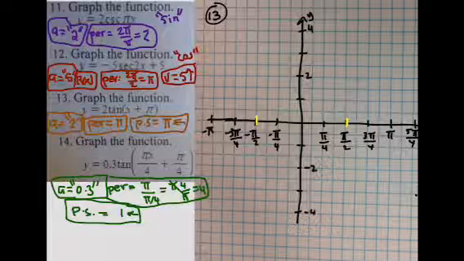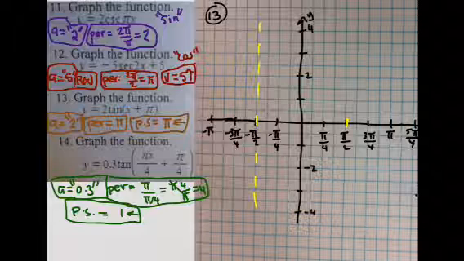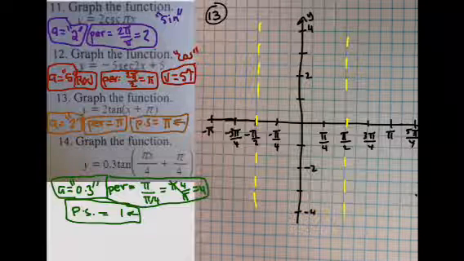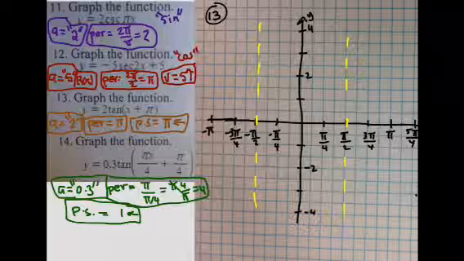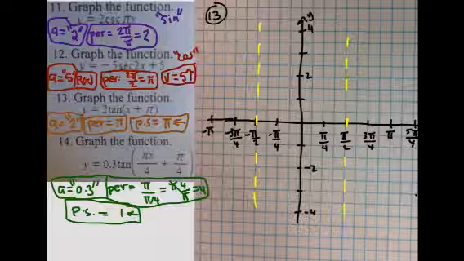So I'm just going to go ahead and draw the asymptotes here, because that's where that one would go. And the one from the right would end up right here. So it's going to look like there's no phase shift at all. And that's okay. That's how this one turned out to be. Okay, the 0 is in the middle.